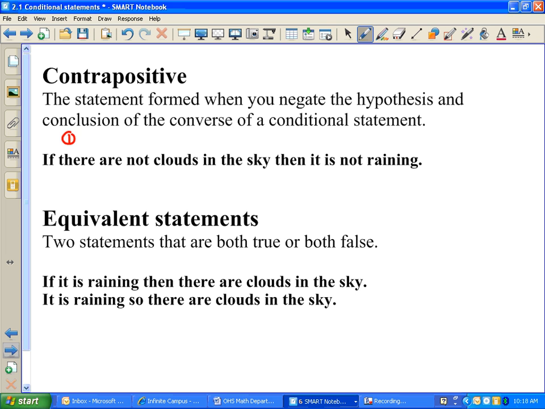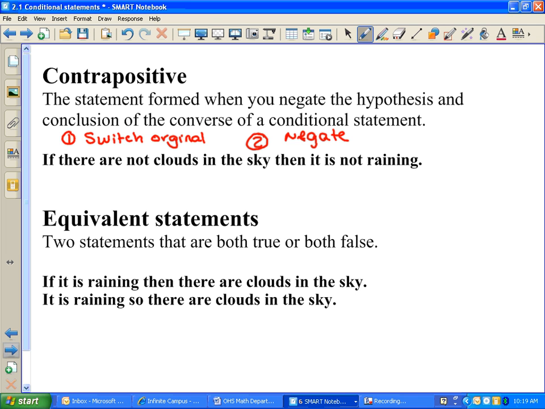So first you switch the original, the hypothesis and conclusion, you switch the order, and then second, you make them the negation.